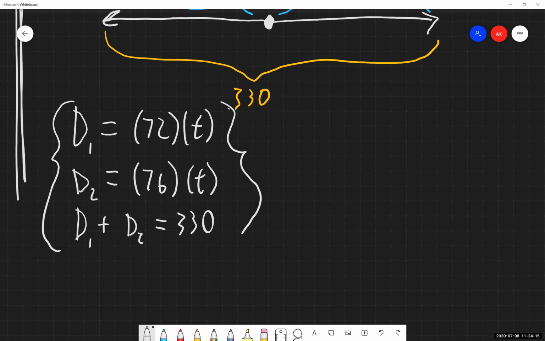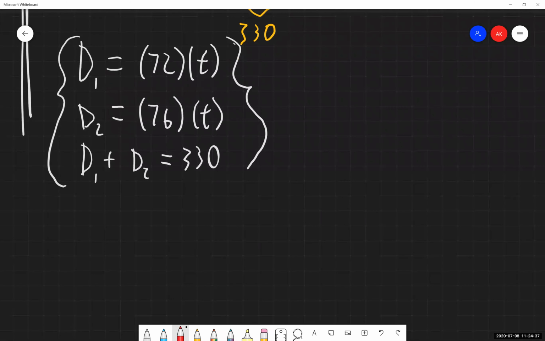And now, just like we did with our previous problem, we know that distance 1 plus distance 2 is going to be 330. We are given the fact that our first distance can be written as 72 times t. Distance 2 can be written as 76 times t, and I can suddenly create an equation using substitution where I only have one variable that I'm solving for.